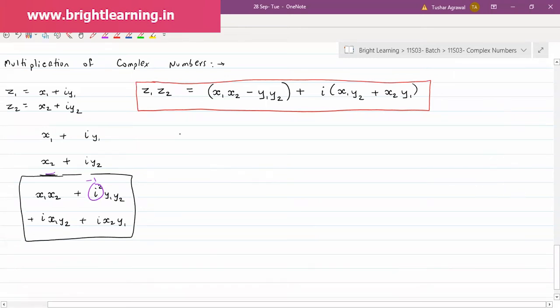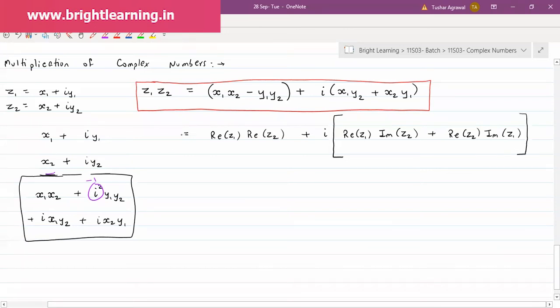The product Z1 Z2 is the real part of Z1 multiplied by the real part of Z2, plus i times the real part of Z1 multiplied by the imaginary part of Z2 plus the real part of Z2 multiplied by the imaginary part of Z1. This is the definition.